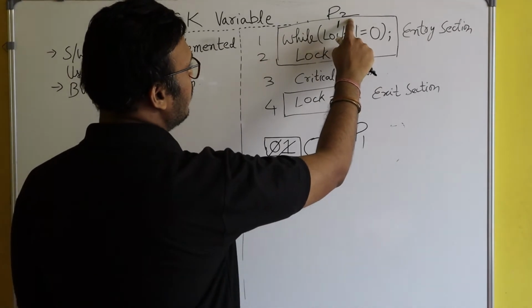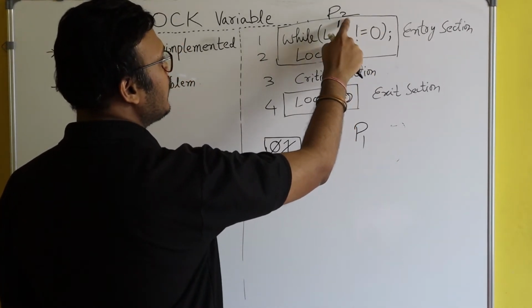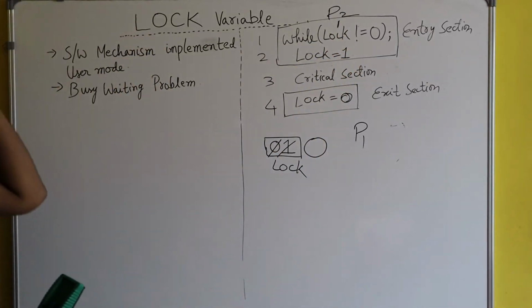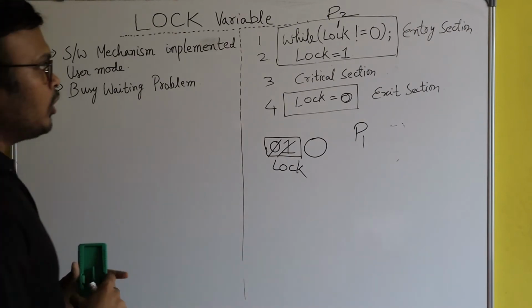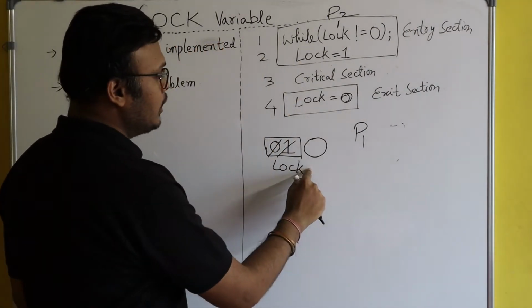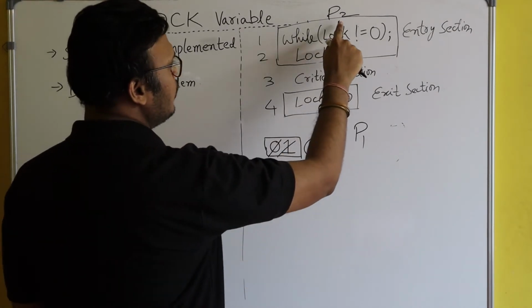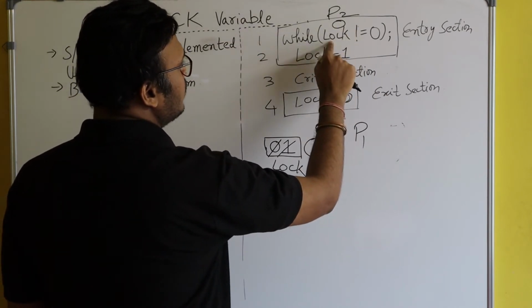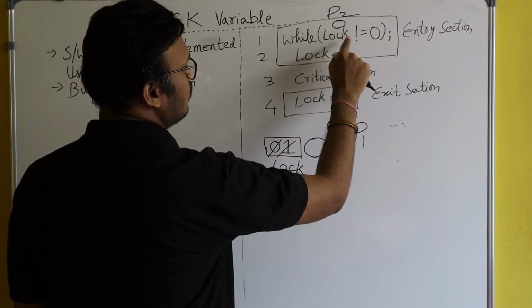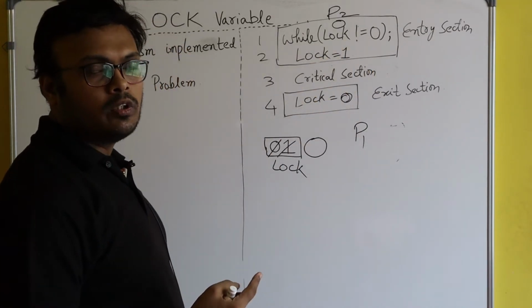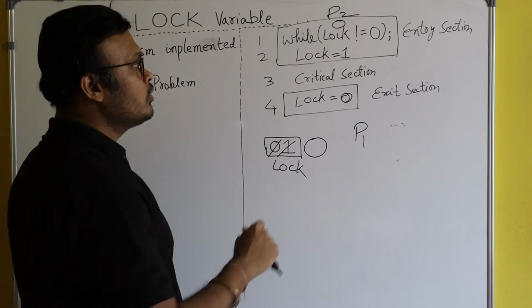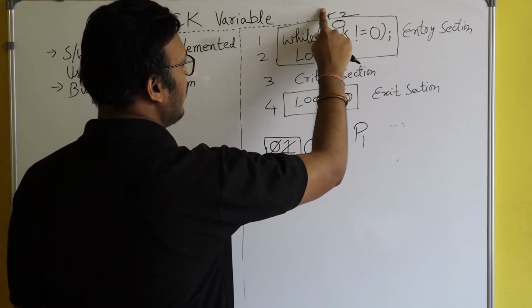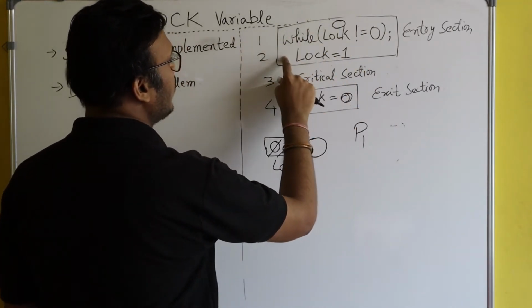P2 was initially stuck in the while loop because the lock value was 1, but since the lock's new value is 0, now while 0 not equal to 0 is obviously false. Since it's false, the while loop has got broken. P2 came out from the trap, and now P2 will execute line number 2.